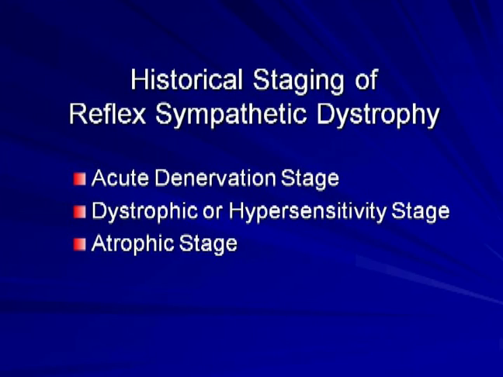And so this staging of sympathetic dystrophy is pretty much thrown out, at least by pain physicians. You'll read in the orthopedic literature, sometimes the neurological literature, of these stages, but just realize that it's not felt to be correct.